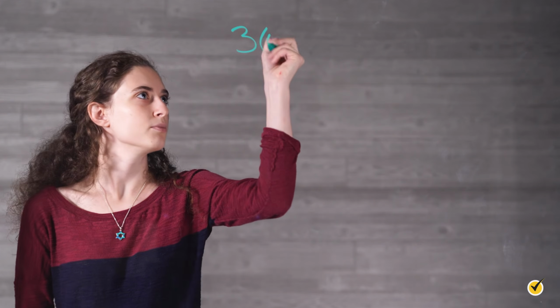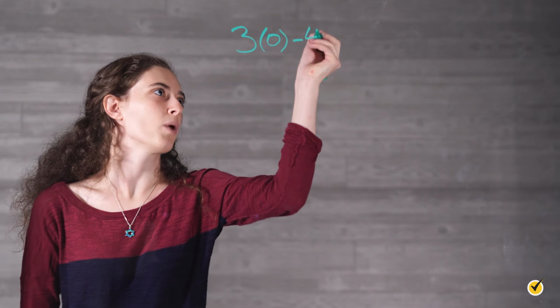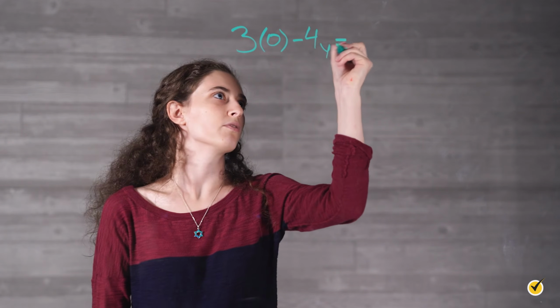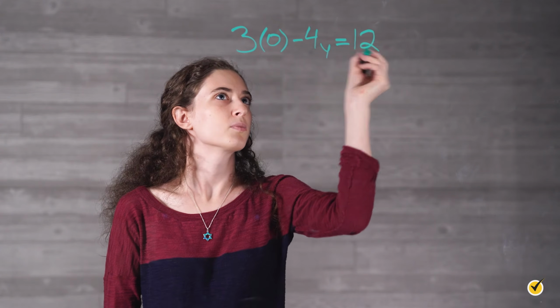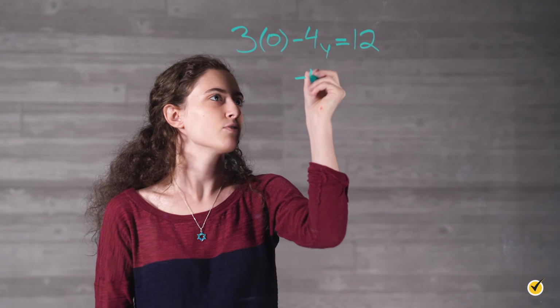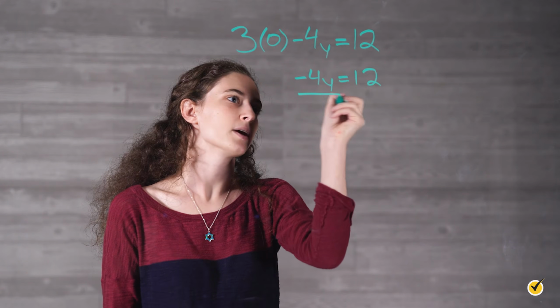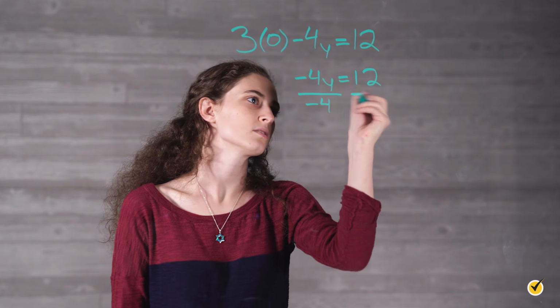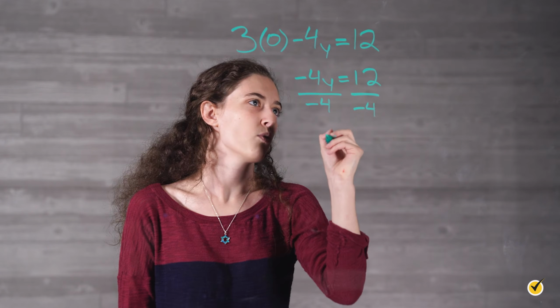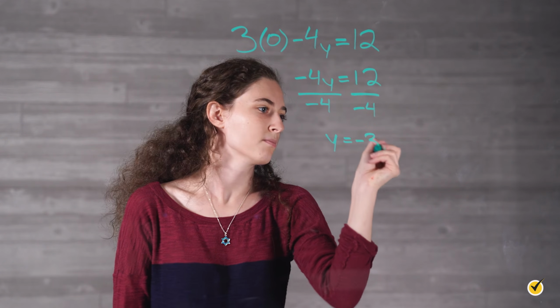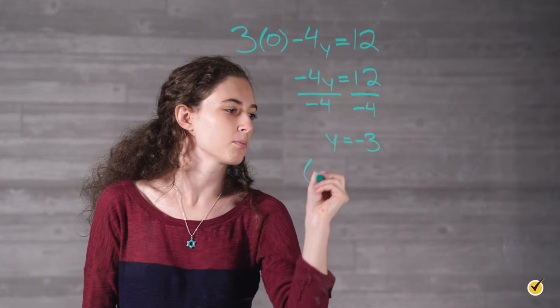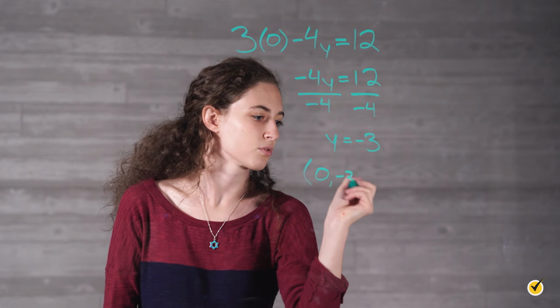To find the y-intercept, let x equals 0 in the standard form equation and solve for y as shown. 3 times 0 minus 4y equals 12. 0 minus 4y equals 12. Divide by negative 4 on both sides, and you get y equals negative 3. So our y-intercept is at the point 0, negative 3.